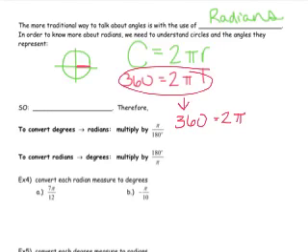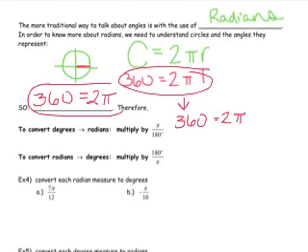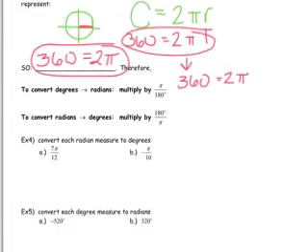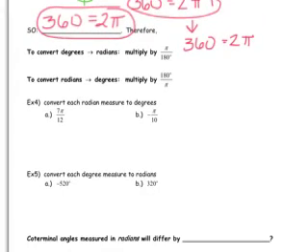So what that means is that if you wanted to convert from radians to degrees, you can use 360 over 2 pi. So here's your conversion: you can convert from degrees to radians by multiplying times pi over 180, and radians to degrees by multiplying by 180 over pi. It's not really something I recommend memorizing.